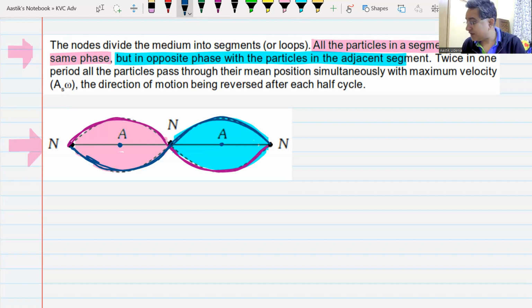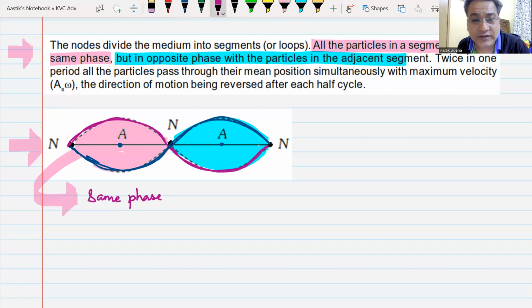Now from this we can understand one thing very clearly, that all the particles on the blue side are in the same phase. Do we understand this? All these pink particles are in the same phase. That means they are all moving together.